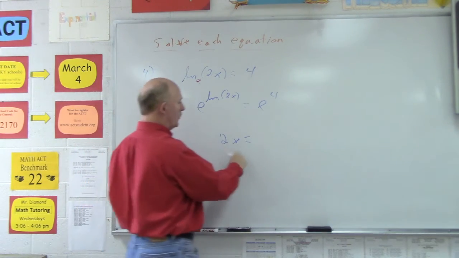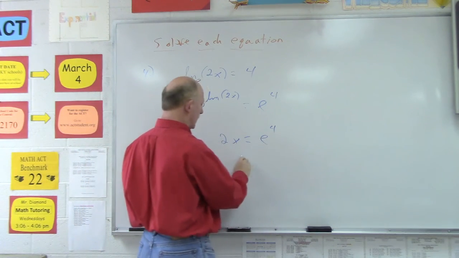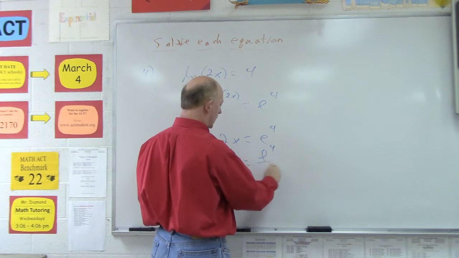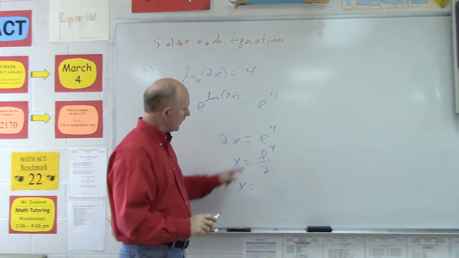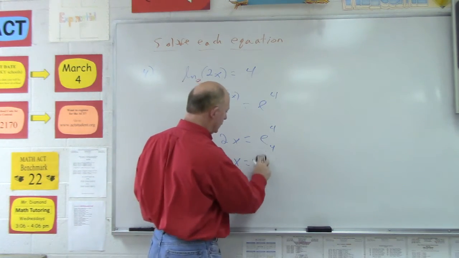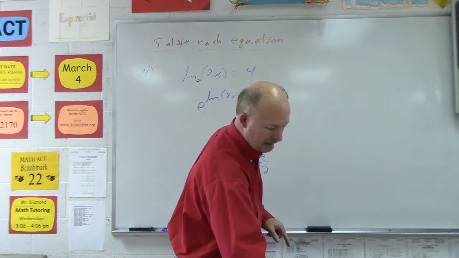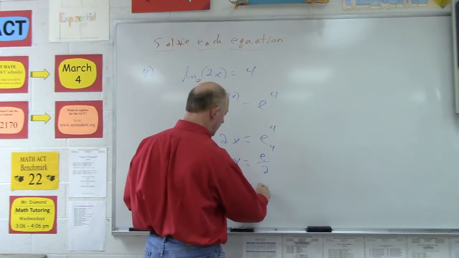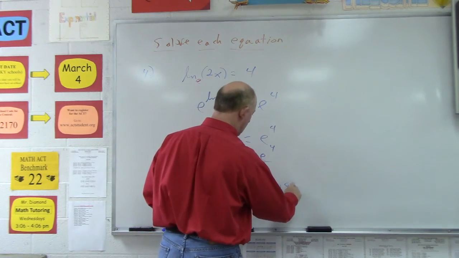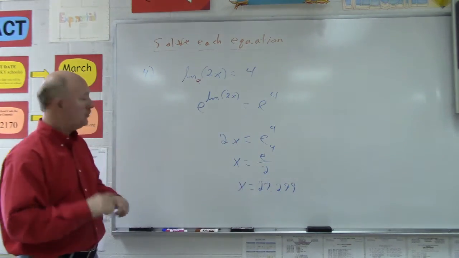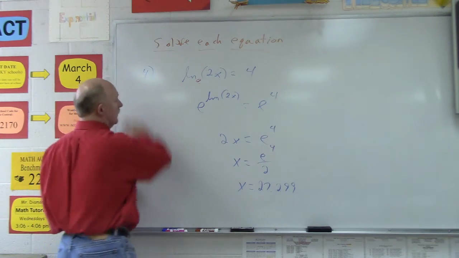So here we end up with 2x equals e to the 4th power, and then to solve for x, this will be e to the 4th power divided by 2. So x should be e to the 4th power divided by 2. Now when I did that calculation, I got 27.299. So 27.299.